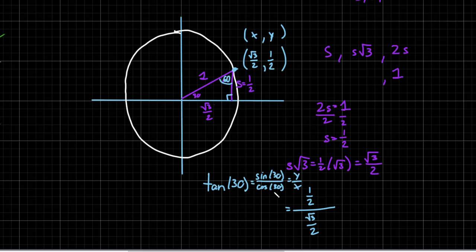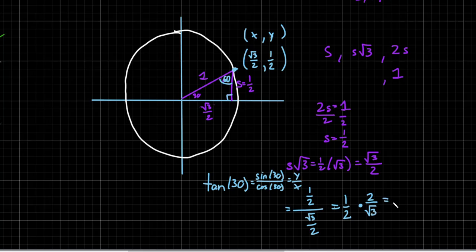Okay. Do you remember keep, change, flip? Okay, keep, change, flip. So we keep our 1/2. We change division into multiplication, and then we flip the last one. So this is my denominator, now it becomes my numerator, and my numerator becomes my denominator.